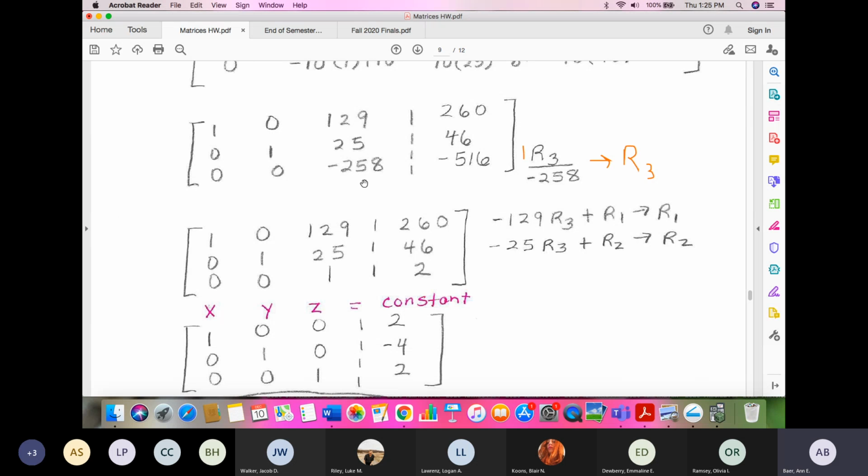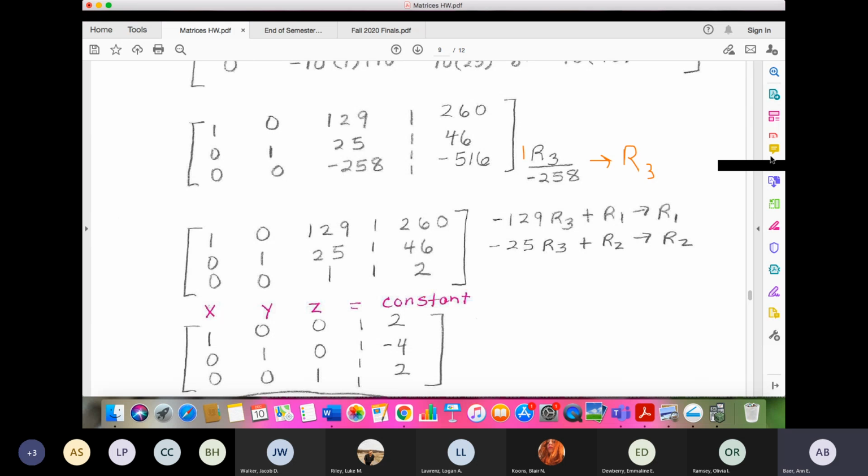How do we get a 1? Take the row where you want a 1. We want a 1 in row 3. And multiply it by the reciprocal.